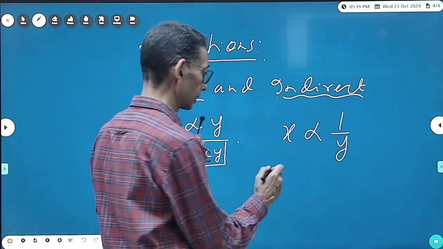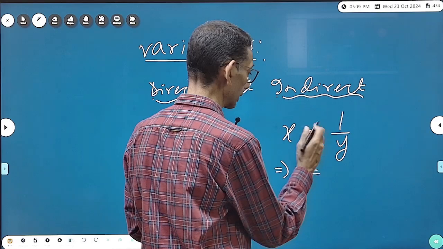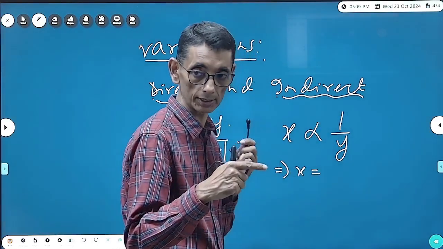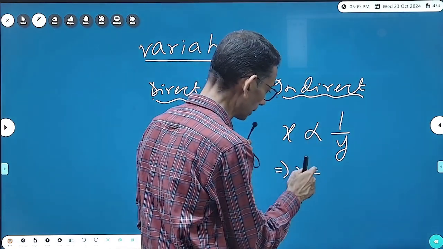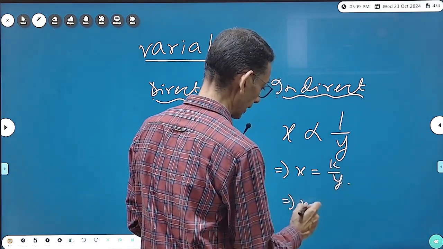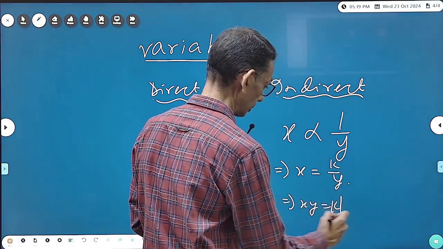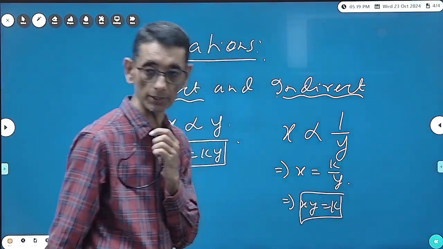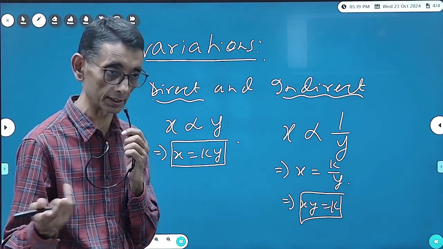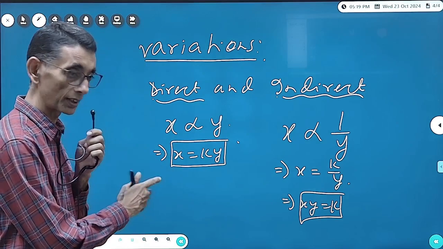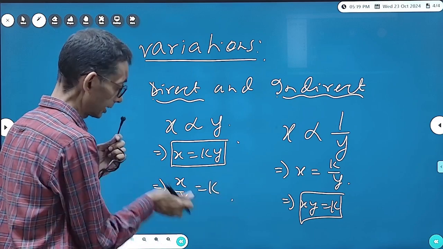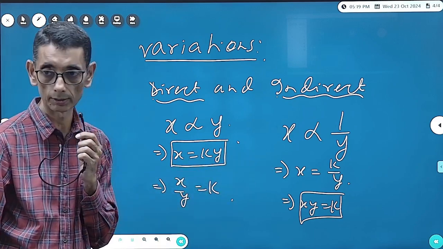If you remove the proportional sign there will be a constant, so we write x equals k by y, this implies xy equals k. Remember, in case of indirect variations the product of the two items is equal to the constant, in case of direct variations x divided by y is always constant. Ratio constant or product constant.